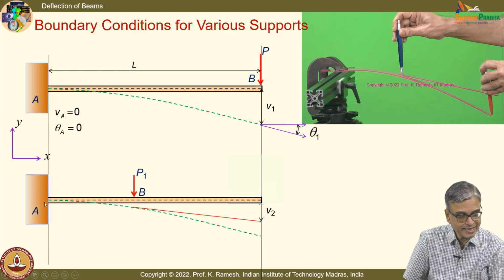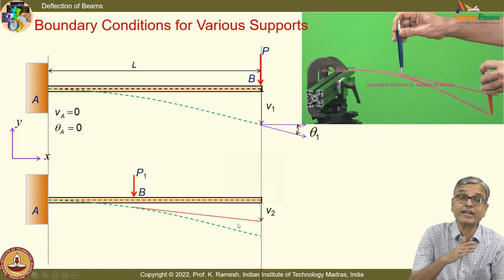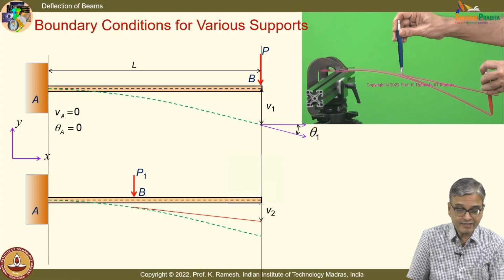And what you have is the deflection curve which is in green, and what you have as a continuation as a red line is that, like you have a slope here, here also you have a deflection plus a slope, the same slope is indicated in the rest of the beam. The rest of the beam rotates with that slope. There is no further rotation on it. This rotates like a rigid body.